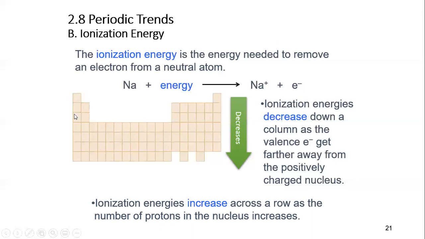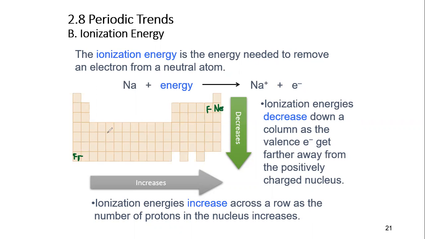Now as you go from left to right, ionization energy increases because the atomic radius shrinks and those valence electrons are more tightly bound to the nucleus. So it increases as you go from left to right. Something like fluorine or neon would have very high ionization energy, whereas rubidium or francium would have very low ionization energy.